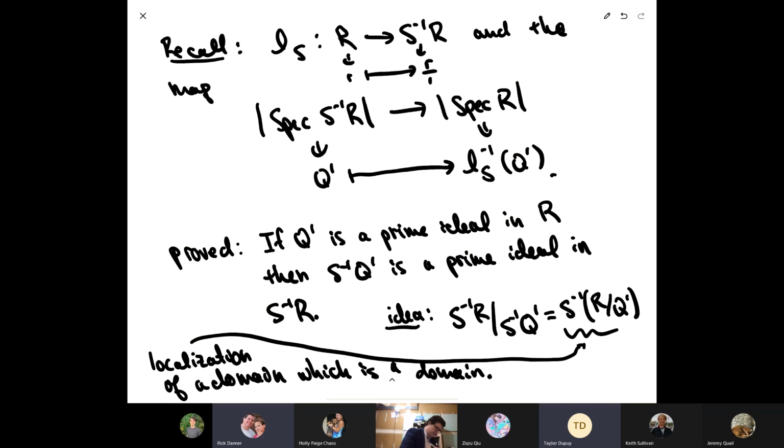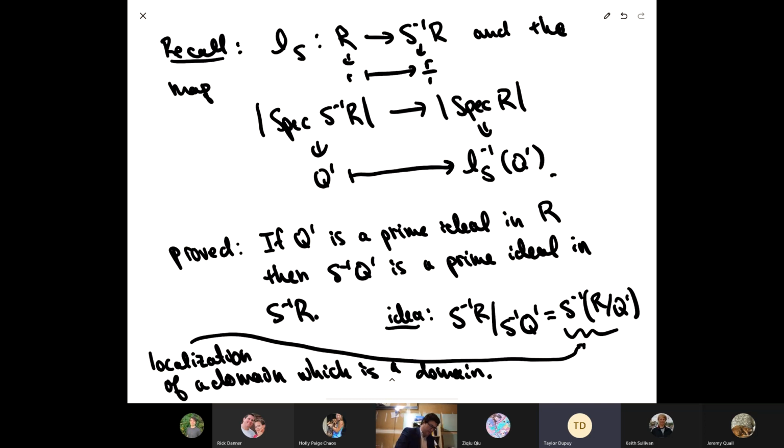And a prime ideal in S inverse R is the usual sense of a prime: this is a ring, and the quotient needs to be a domain. That's the definition of a prime ideal. You quotient out and you get a domain.